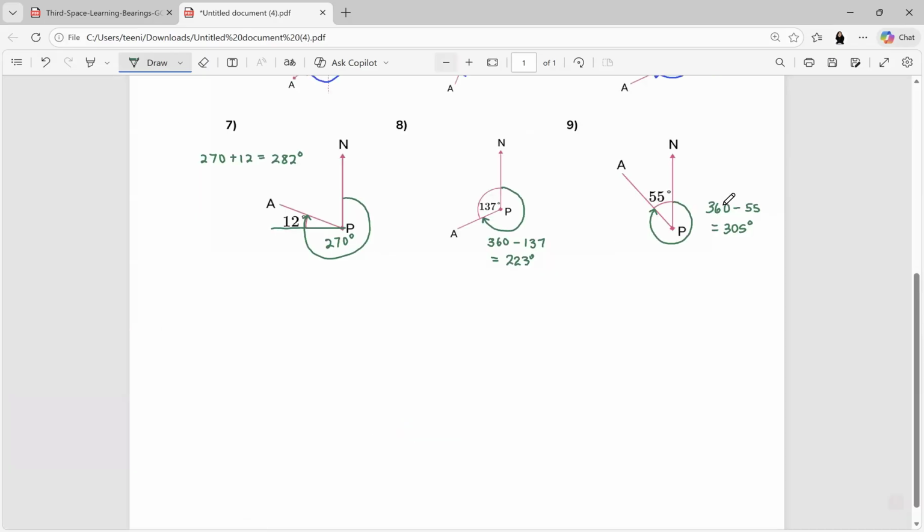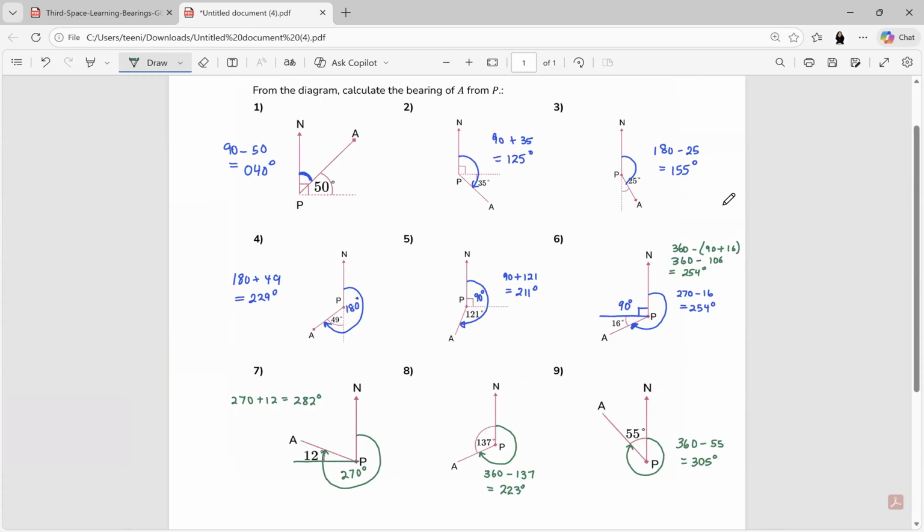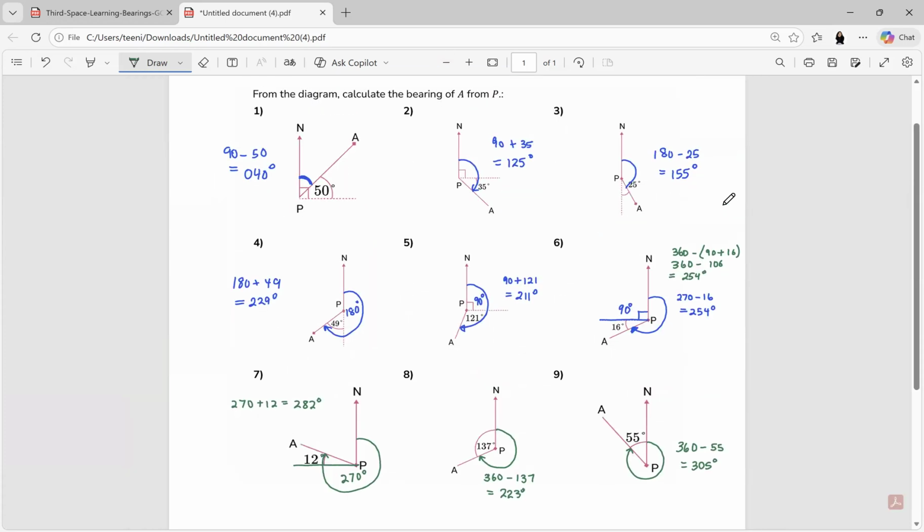So again, if this exercise gave you a little trouble, you have to let me know what gave you trouble. Was it identifying which angle was the bearing, or was it actually working them out? Because both of those are 2 different skills. What is more important for me at this point is that you could correctly identify where the bearing is, right?